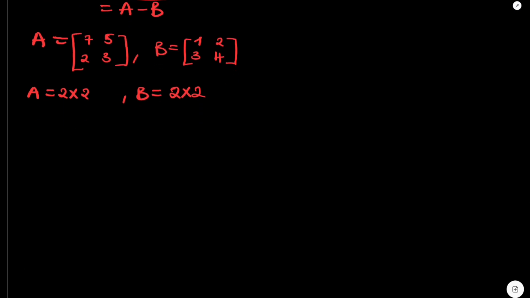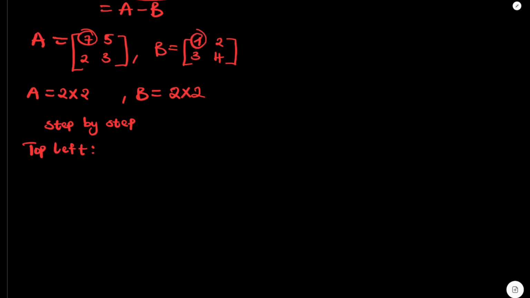So let's take it step by step. We take the top left. Let's take the elements at the top left position in each matrix. So we have 7 here and we have 1 here.